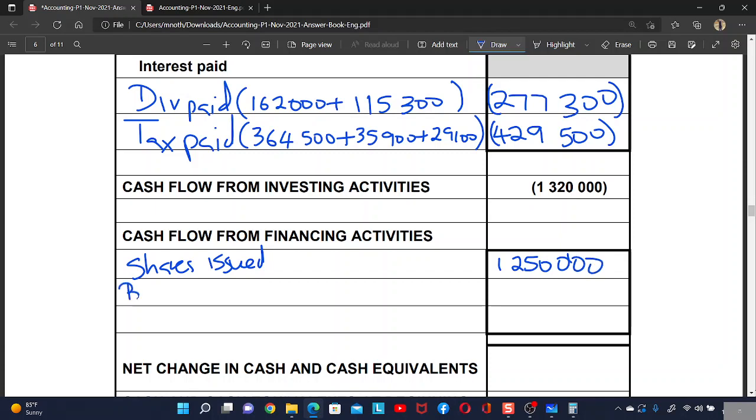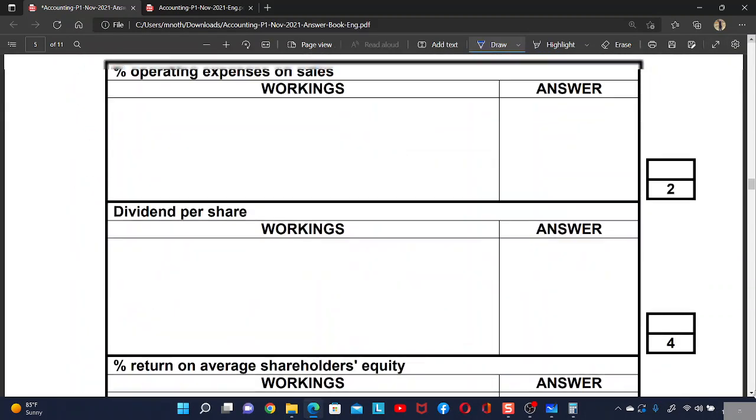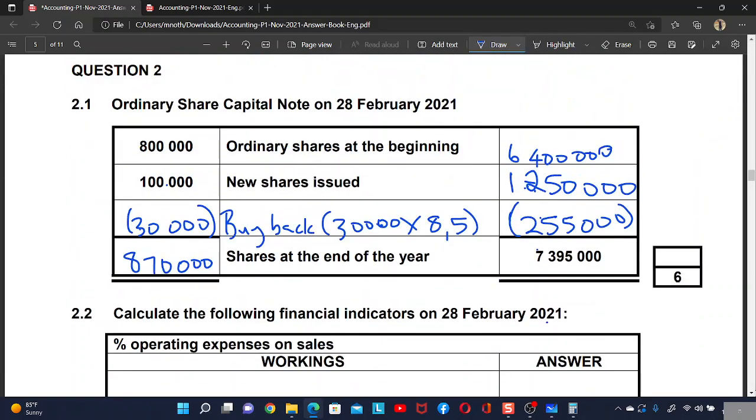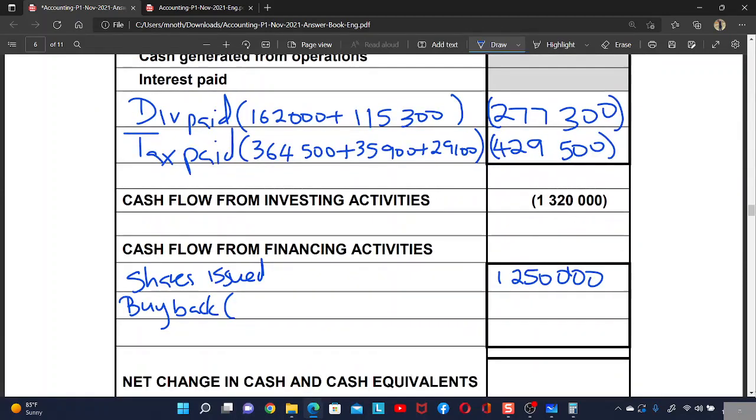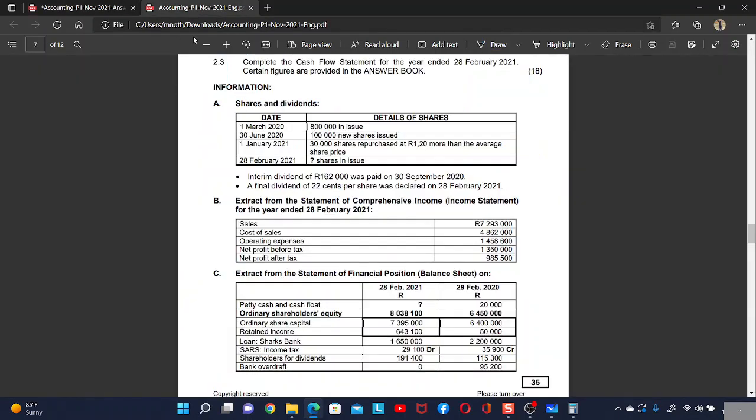Then we have the buyback. So the buyback is 255 plus, because we have the one that is going to the retained income, so we also have to add it.